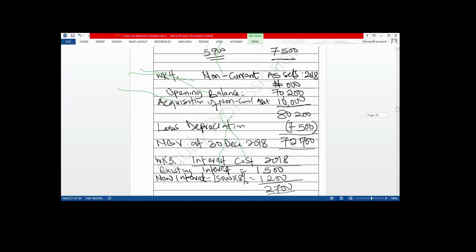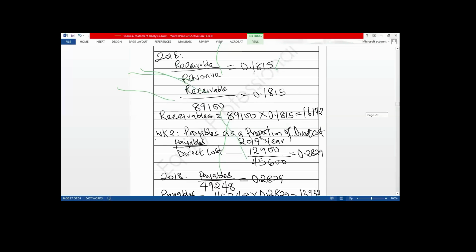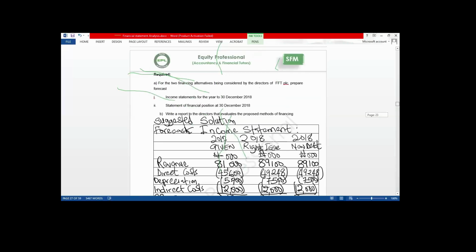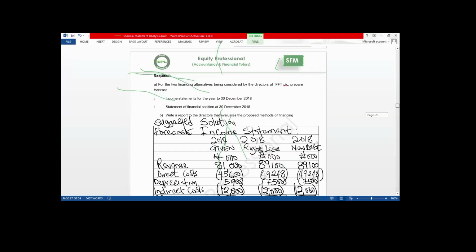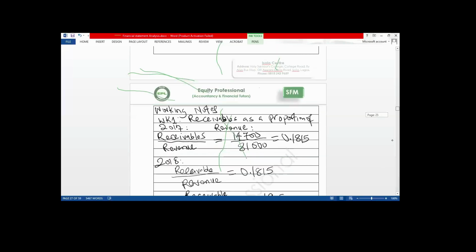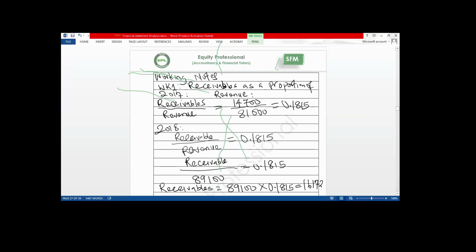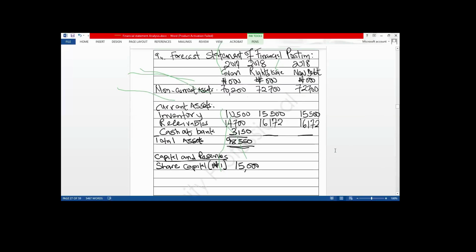You can come here and do our posting. Before, the share capital is 15,000. This will increase by 3,000 naira. This becomes 18,000.